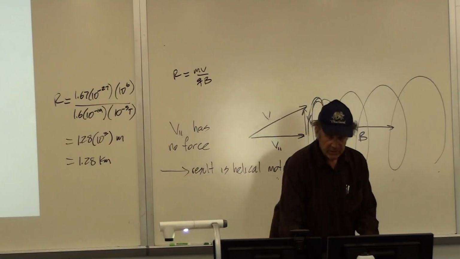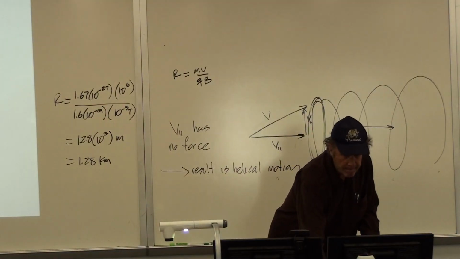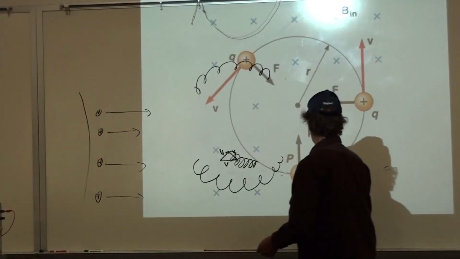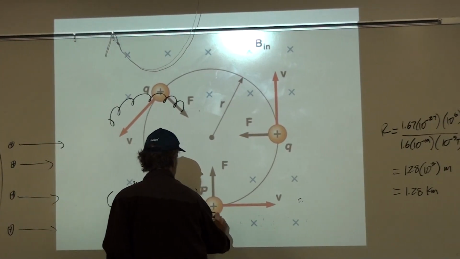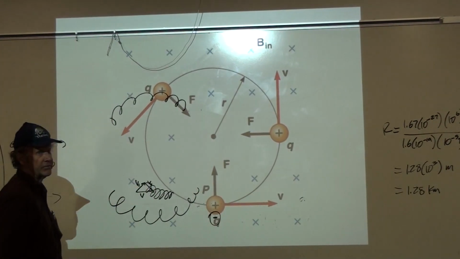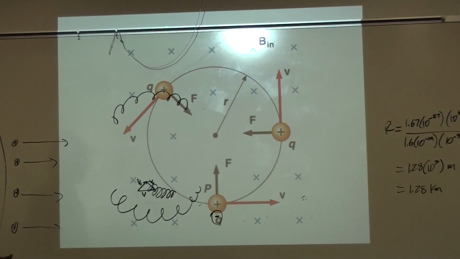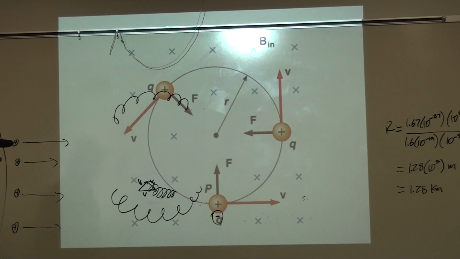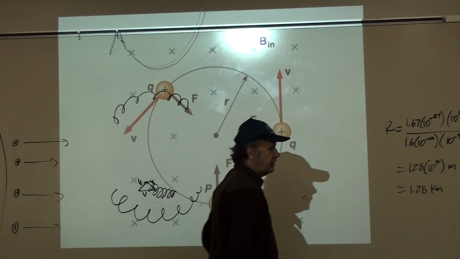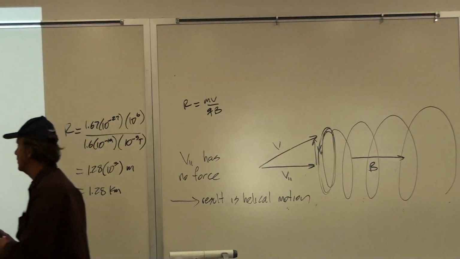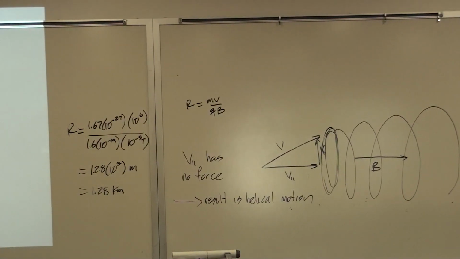And so if we go back to our original picture then, let's just make this a negative charge, equal charge, so that means equal magnetic force, right? Magnetic force is only qvB, it doesn't have any m in it. So the charge is negative, so that changes the direction of the force.